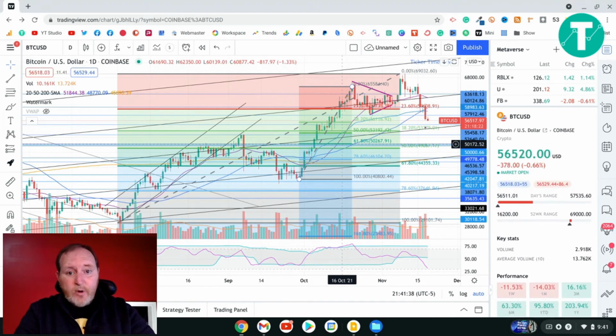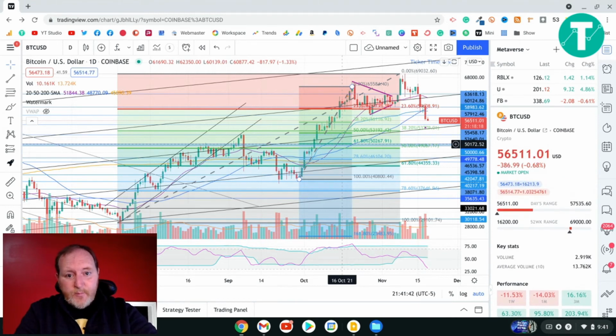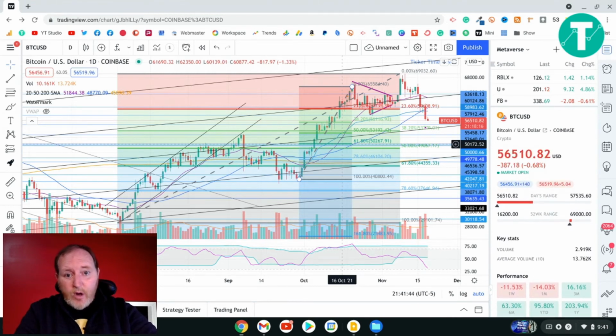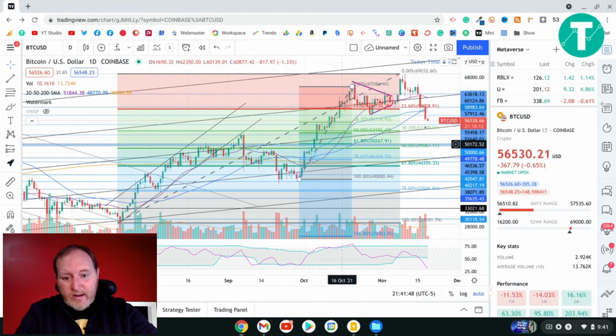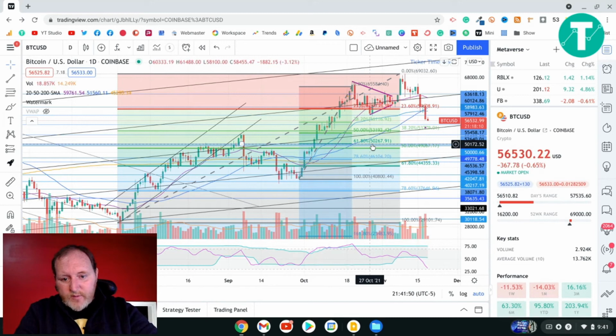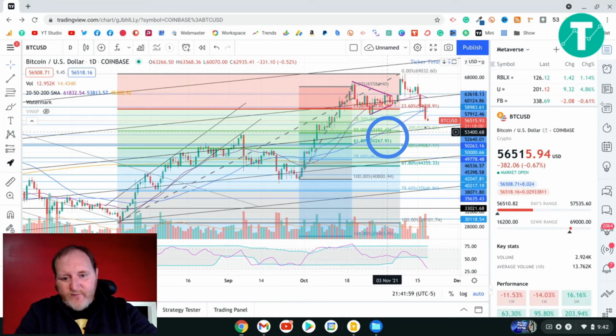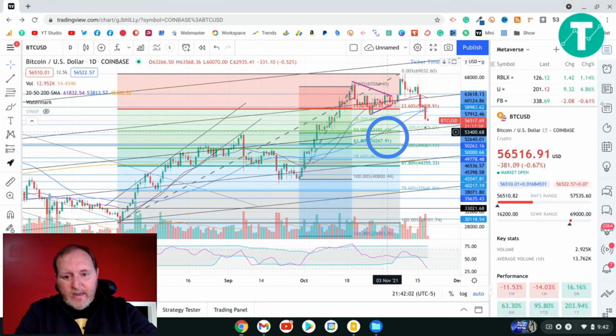But remember, I also said that trend lines and moving averages can also come into play. And we happen to have that right here. If we go out on this blue line at 50,000 and then we move straight up just a little bit to about 53,400, we have the 50-day moving average and we have an ascending trend line in the upwards direction.